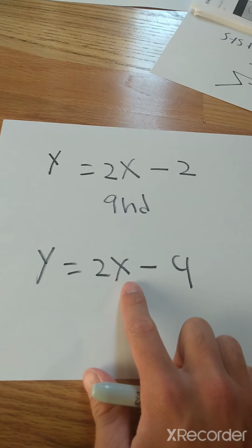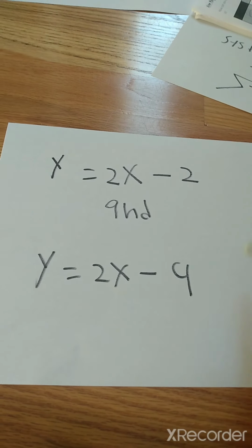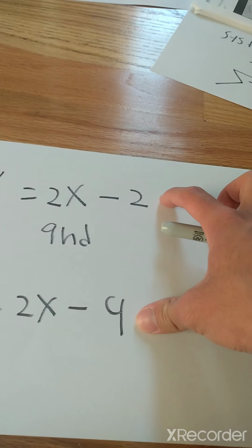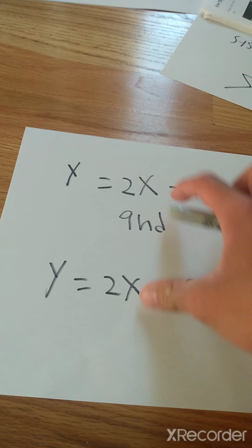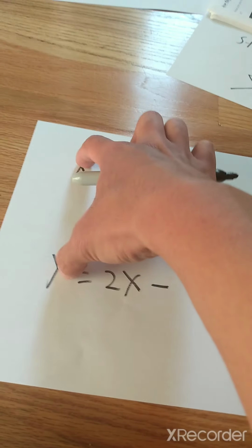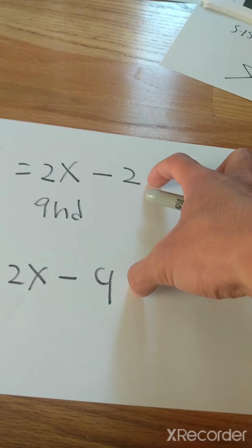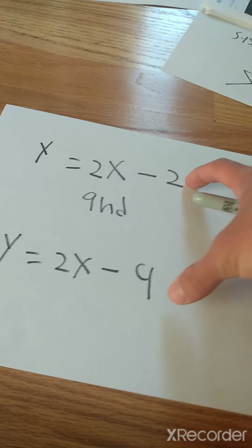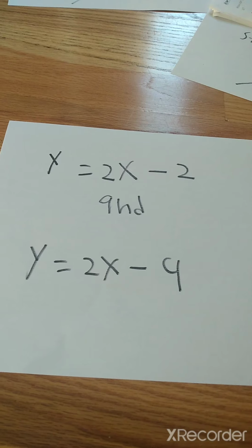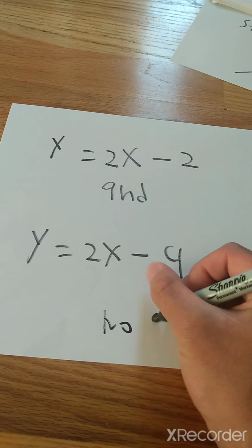If you carefully take a look at both equations, you notice that the y-intercept, or the starting point, is totally different, and the slope is going to be the same. The only difference is that there's a negative 2 on the first one and a negative 4 on the second one. We can understand that this is no solution.